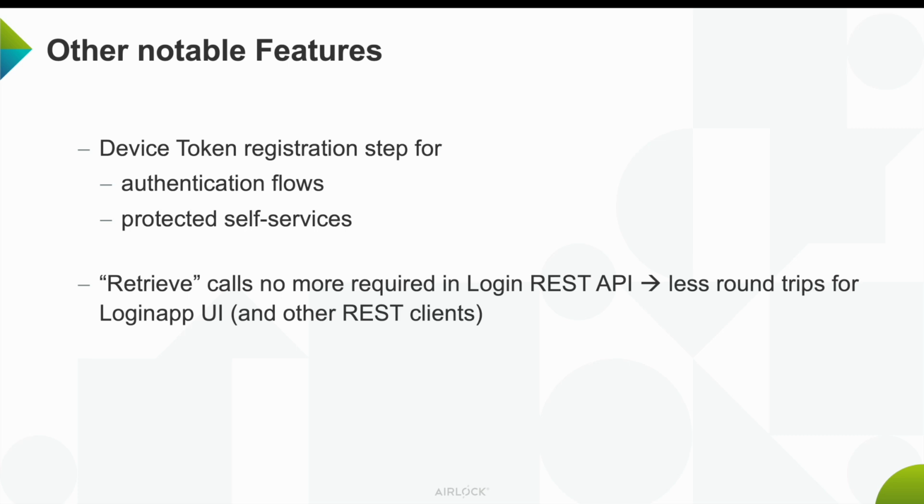They're still supported, of course, so you don't have to change any of the REST clients, but you can also piggyback this information in other responses. So you need fewer round trips for the login app UI and other REST clients, which makes it more performant.